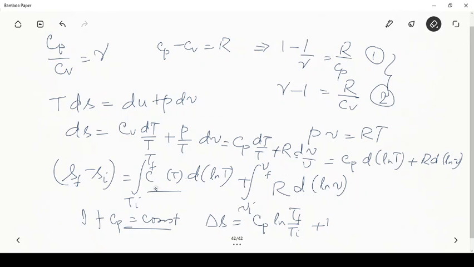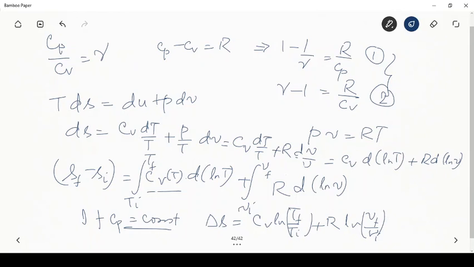So this should have been Cv everywhere. So this is Cv log Tf by Ti plus R log vf by vi.